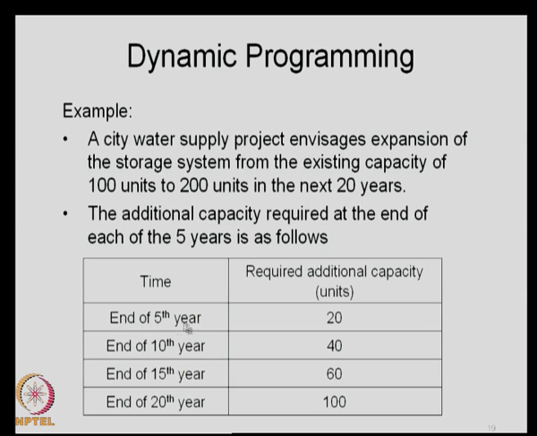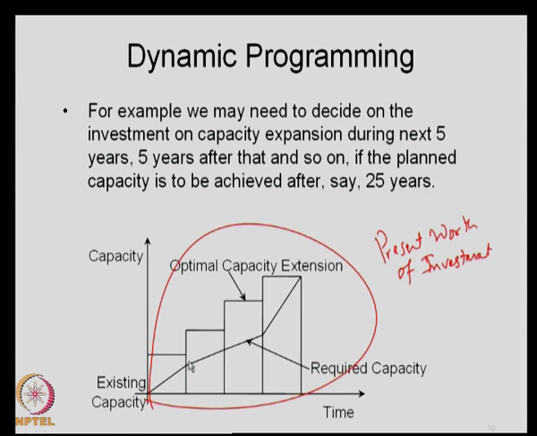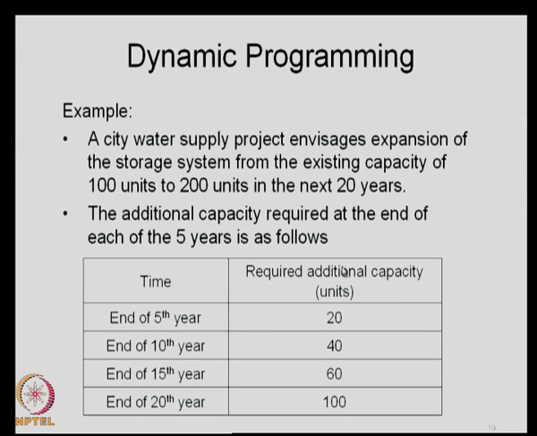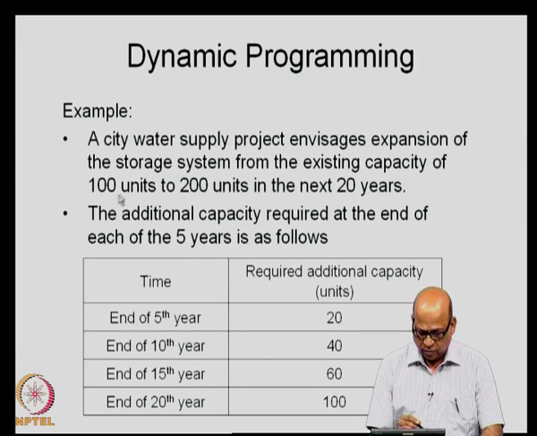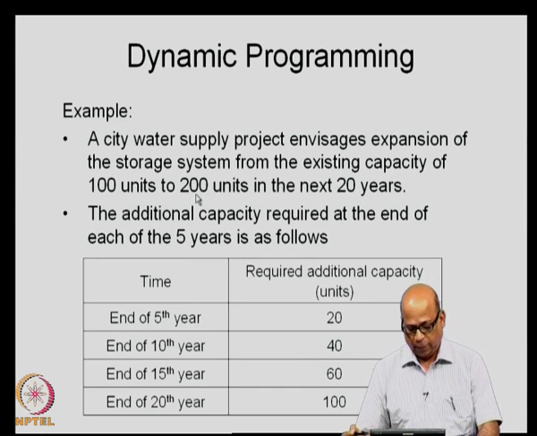At the end of each of 5 years, we need a minimum required capacity. That means, we are specifying these points now. So, the required capacity at the end of the first 5 years is 120 units, which means starting with 100, we want 120. Starting with 100, we want 140, starting with 100, we want 160 minimum capacity, and at the end of the 20th year, we need a capacity of 200 units.